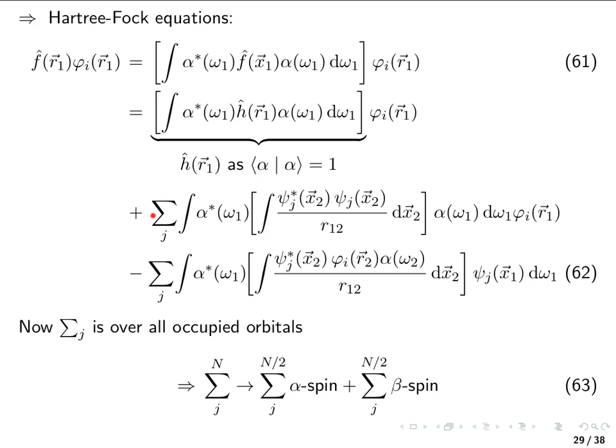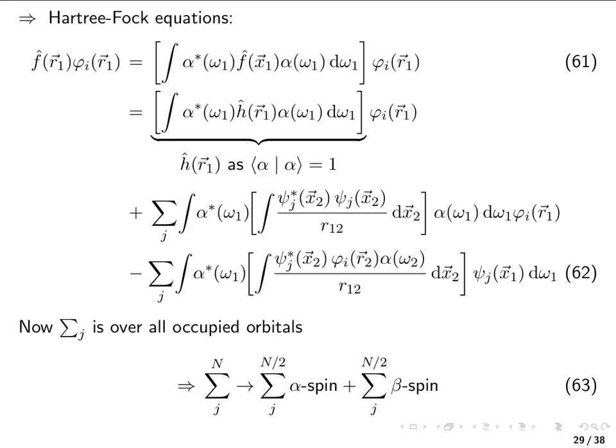Now these summations over occupied spin orbitals psi j are still over spin orbitals, and since we use doubly occupied restricted orbitals, this summation over spin orbitals we can split up: one half of the spin orbitals will have alpha spin, and the other half of the spin orbitals will have beta spin.